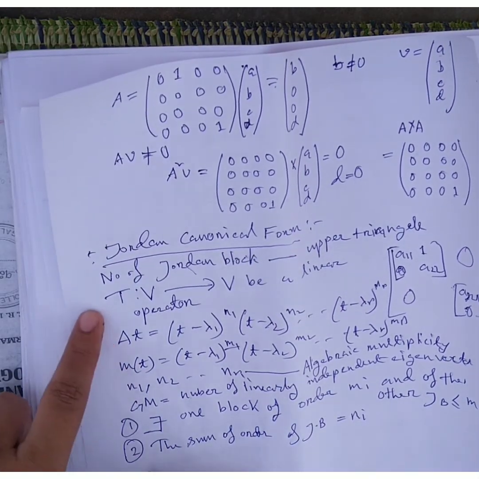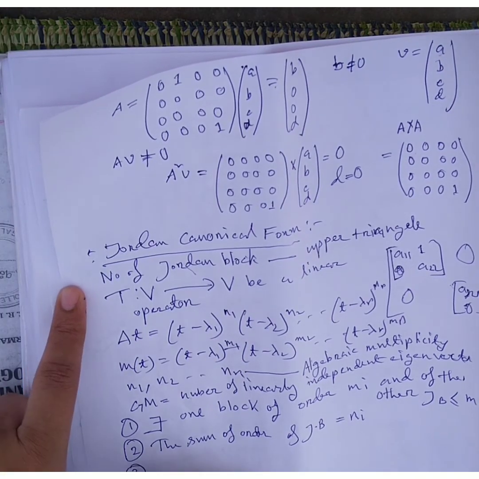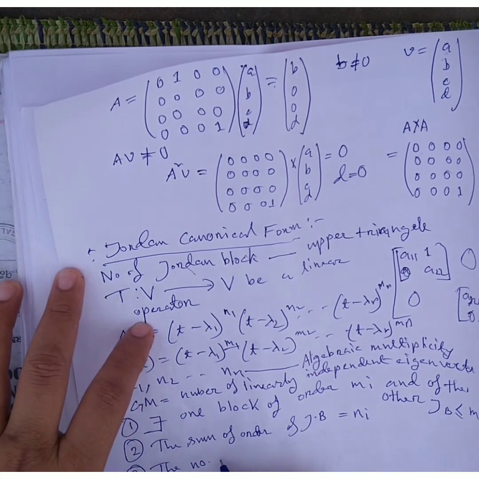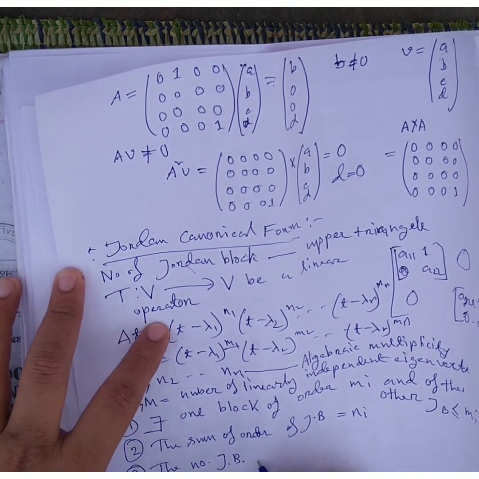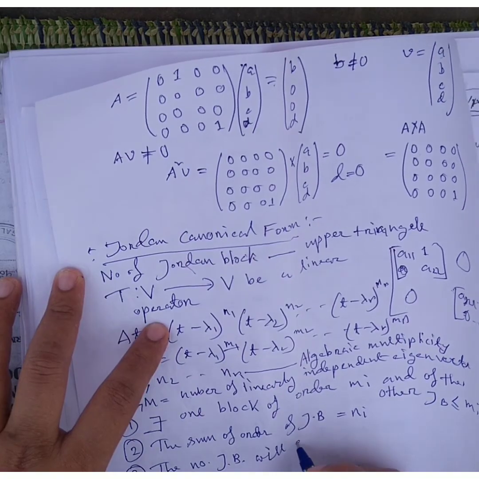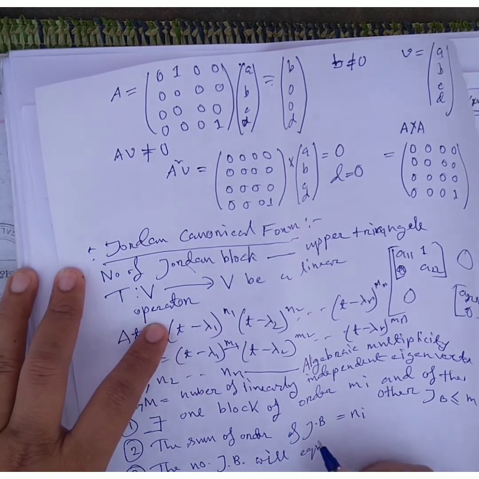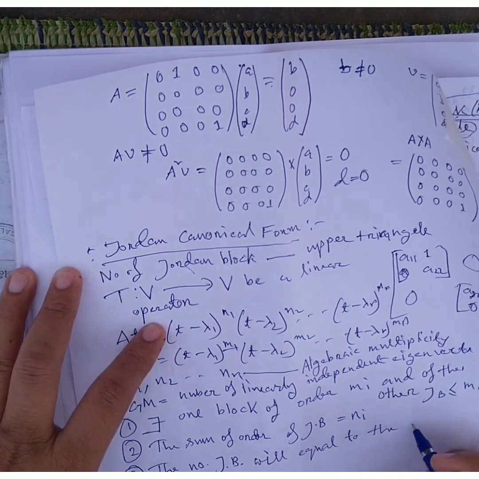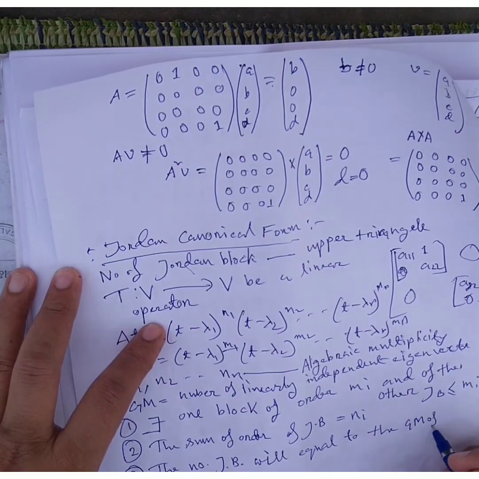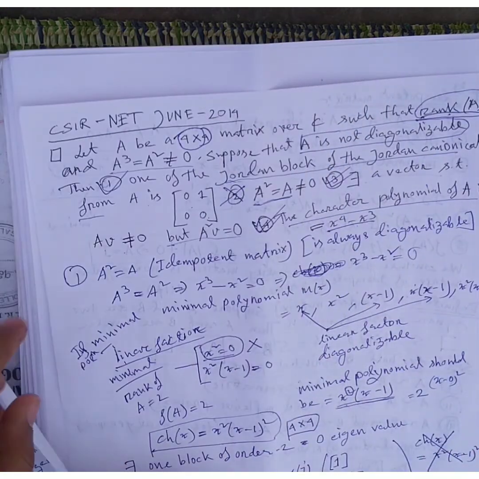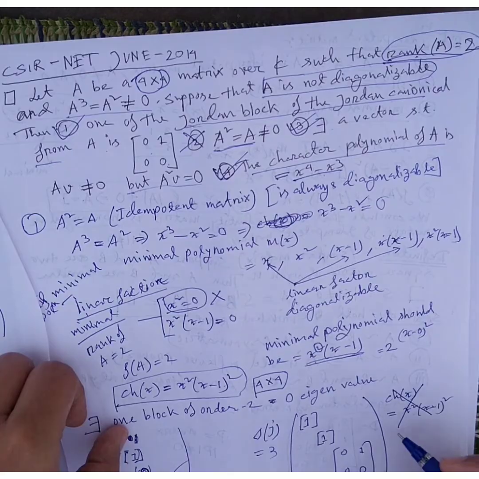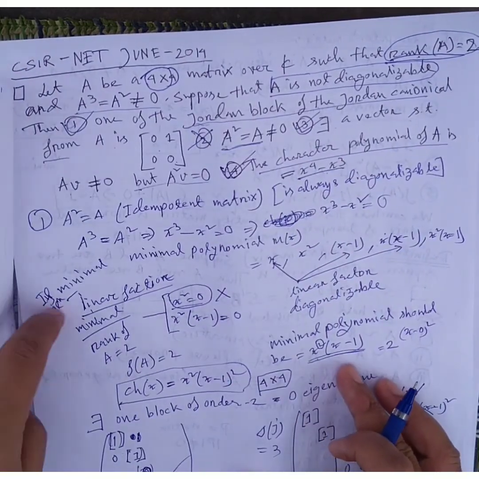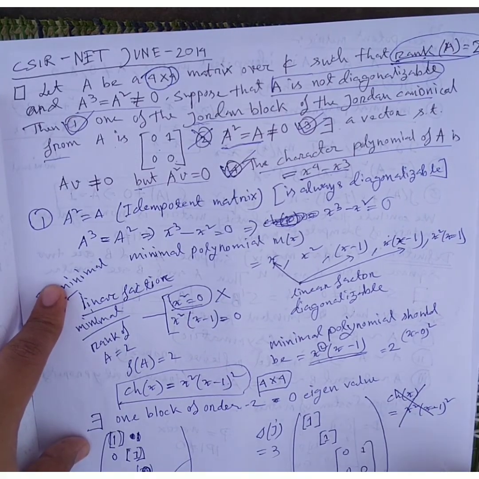The number of Jordan blocks will be equal to gm, the gm of lambda i. So friends, this is the main fact: the number of Jordan blocks equals the gm. In this case, whatever I get, this is our Jordan block.